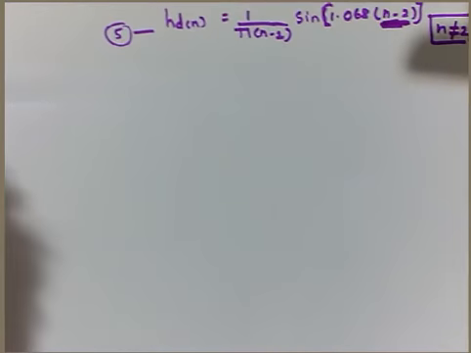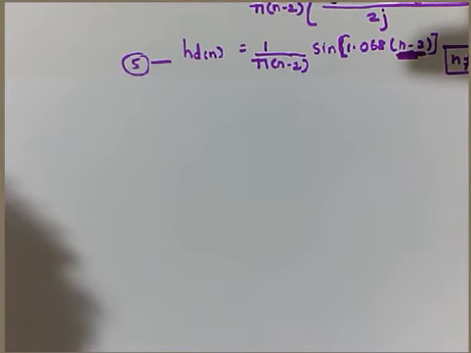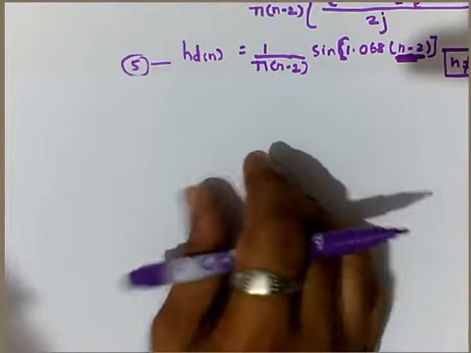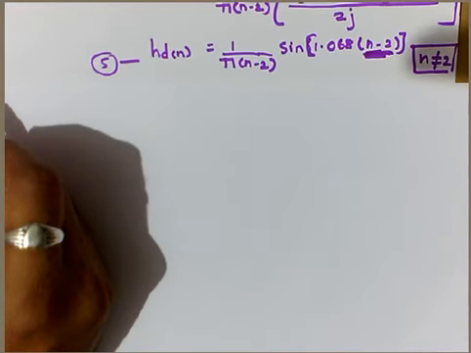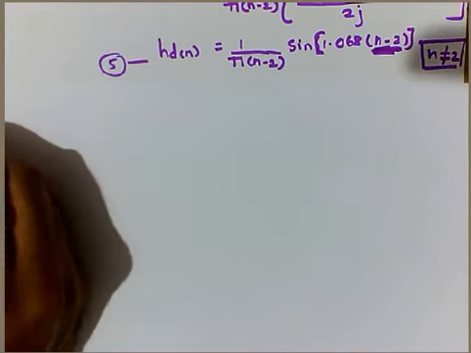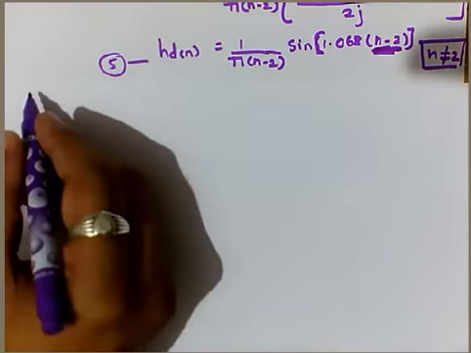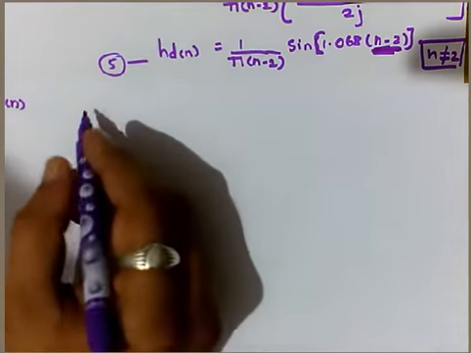Let me adjust this so that it will be well visible to you and you will get to know the steps also. So we came up to the n not equal to 2 case. Next we will discuss hd of n for n equal to 2.